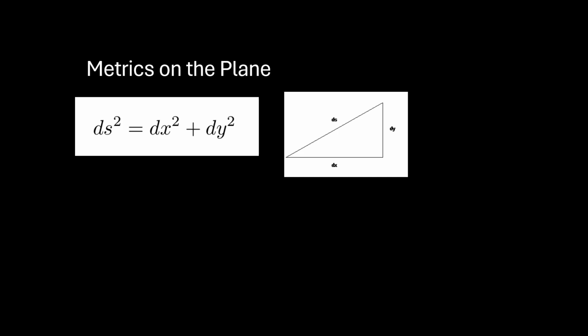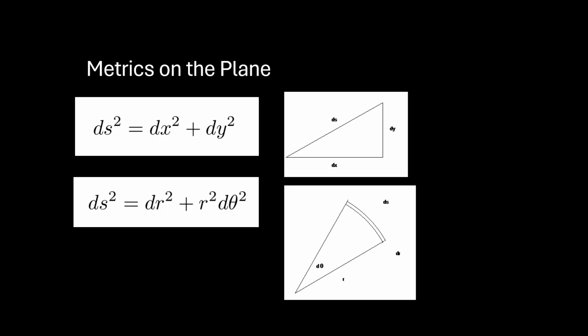We can change this into polar coordinates, which we'll need later in this exposition, in the following way. Notice that if the change in theta, d theta, is 0, then the change in length ds is equal to the change in radius dr, which makes some sense because you're just changing that radius a little bit.